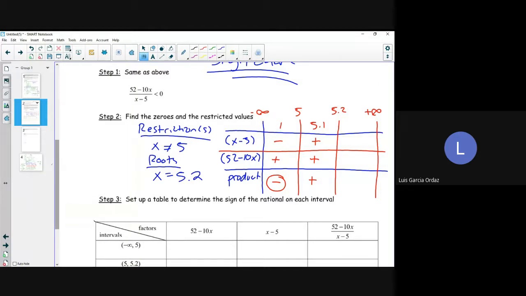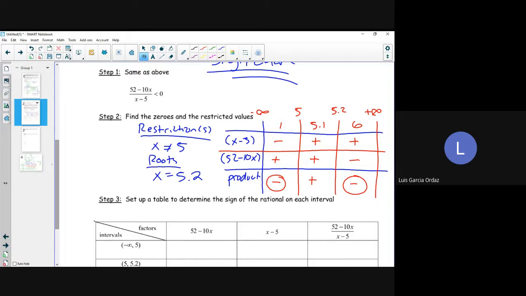Okay, and last but not least, we're going to take a number between 5.2 and positive infinity. So let's take positive 6. We get a positive value for our denominator, but a negative value for our numerator, and a positive times a negative gives us a negative value, okay?